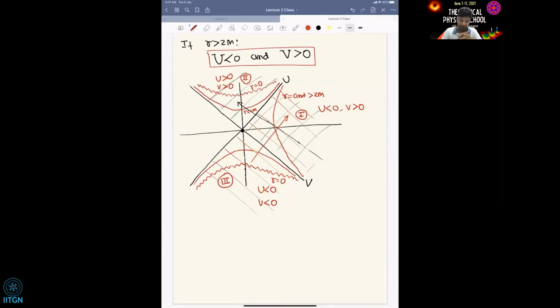So for region 1, the singularity is in the future of ingoing light rays.